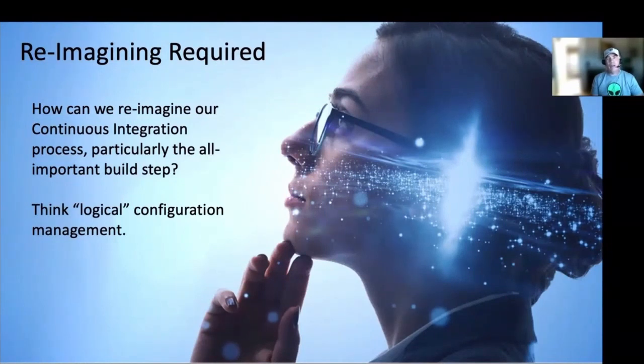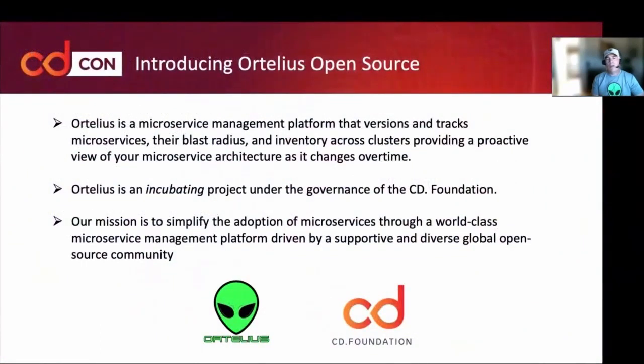We have to think logically. Instead of trying to piece it all together in a monolithic style of deployment, we really need to think about how we can incrementally deploy and pull back the logical view of our application. So that's where we came up with the Ortelius open source project.